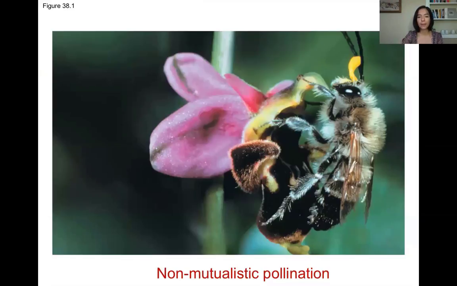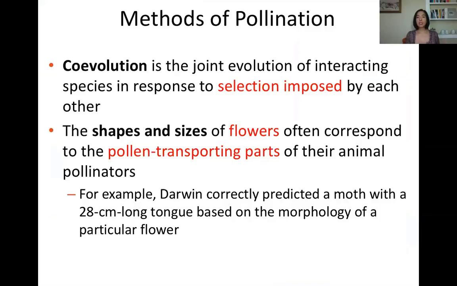So this is how this staminoid gets attached to the forehead of the bee, or this structure in the bee. So we have been discussing types of pollination, and it's very important to realize that a lot of these mechanisms have evolved in parallel. That means that the structure of the flower has evolved as well as the structure of the pollinators.